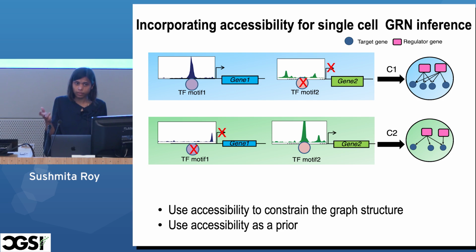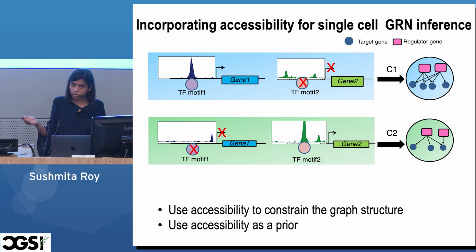There have been methods that use this structure as a given and then add gene expression on top of it, but don't change the structure of the network, rather subselect edges to learn a gene regulatory network. Then there are other methods that use the accessibility derived gene regulatory network just as a prior.